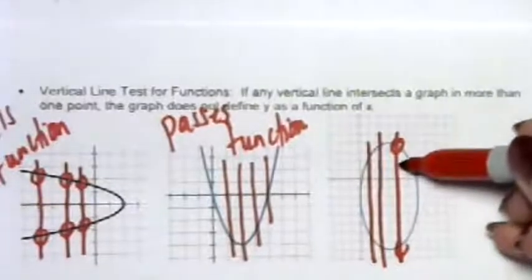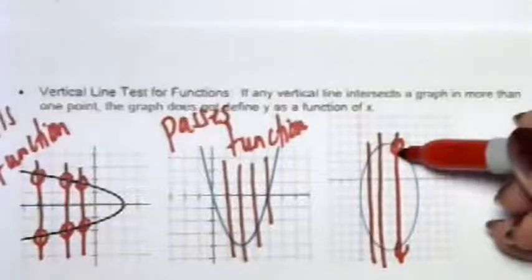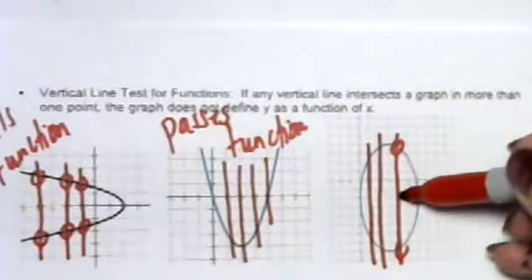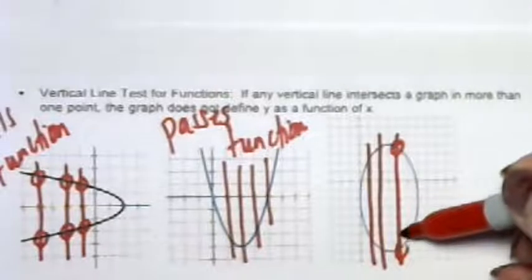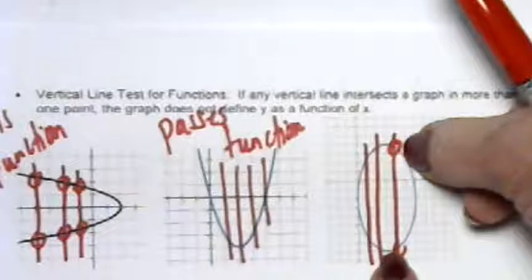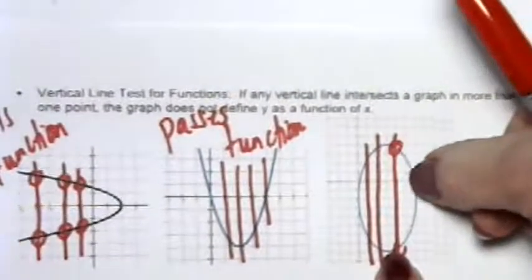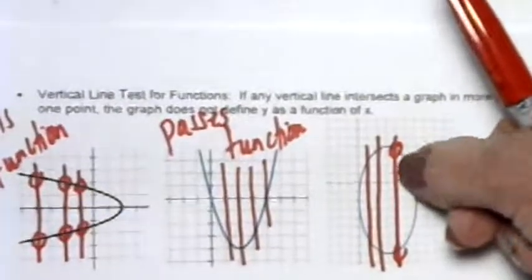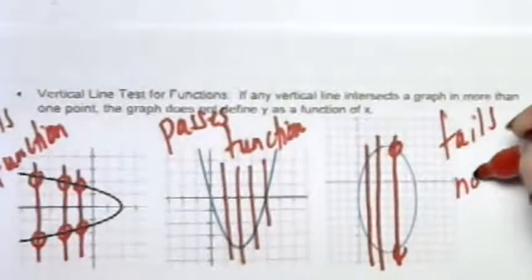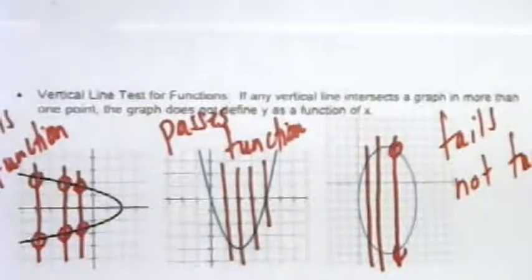One up here, 1, 2, 3, about 4.5, and then we have another possible y value down here in negative territory, 1, 2, 3, 4, 5, 6, about 7.5. So at these two y values that are different y values, because they correspond to the same x, this fails and is not a function.